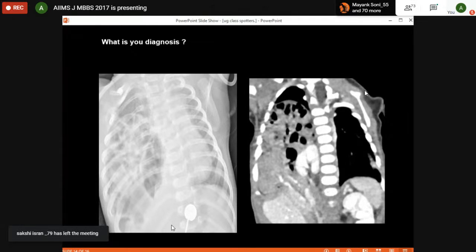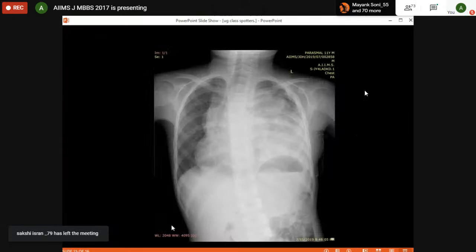Okay, so we'll go to the last question for today. This is kind of a tricky one, so I'll let you know the findings. There is some kind of opacity here, and there are some foci of calcification within that opacity.